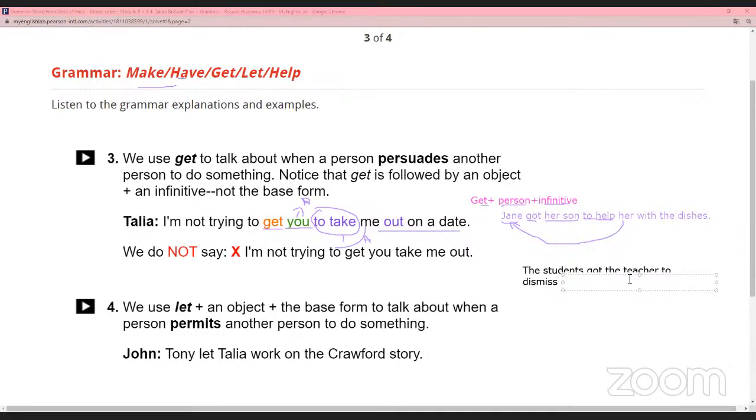Okay, so the students got the teacher to dismiss the class early, okay? What is the meaning of dismiss? It could be like salir, tal vez. Puede ser como salir.